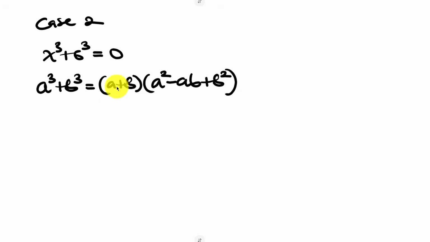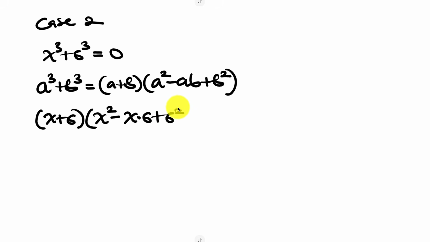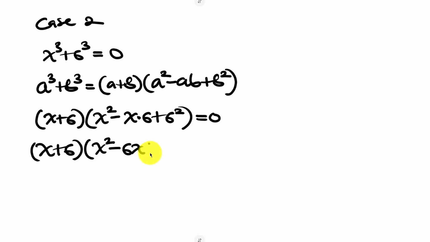Now we're going to be writing it like this. So writing it, it will be x plus 6 times x squared minus x times 6 plus 6 squared. Very good. And this is equal to 0. So this becomes x plus 6 times x squared minus 6x plus 36, and this is equal to 0.